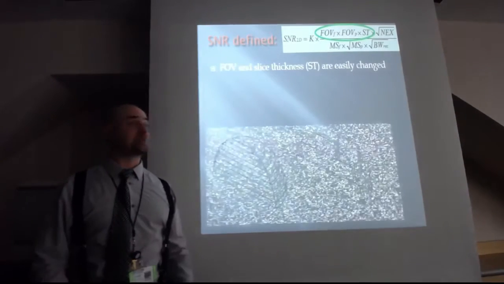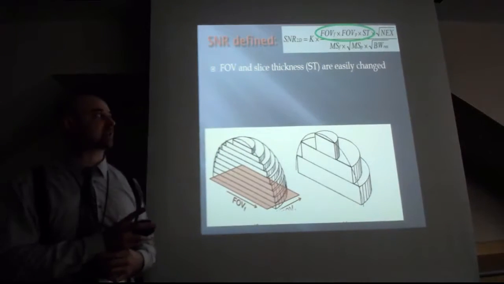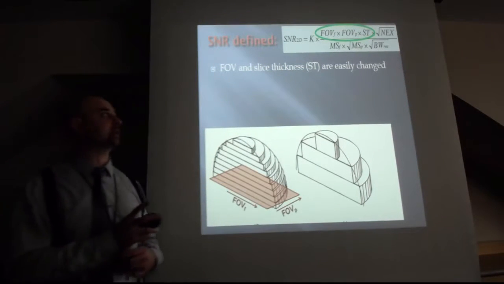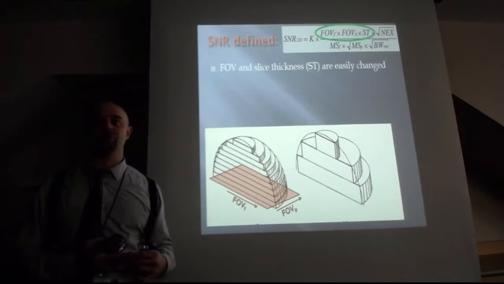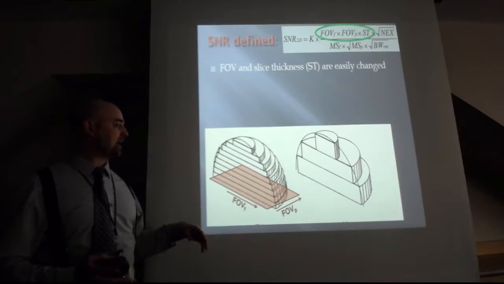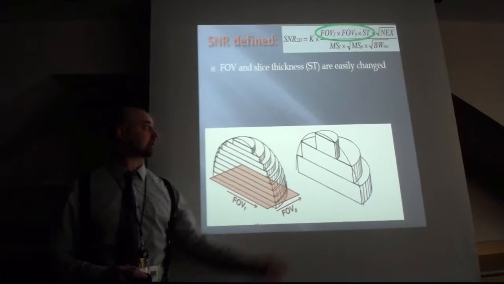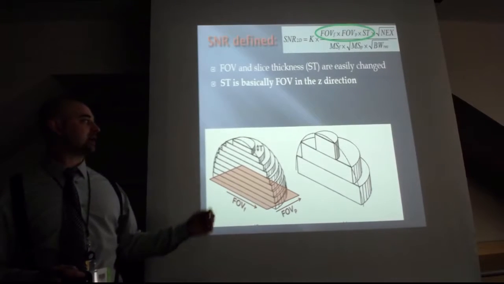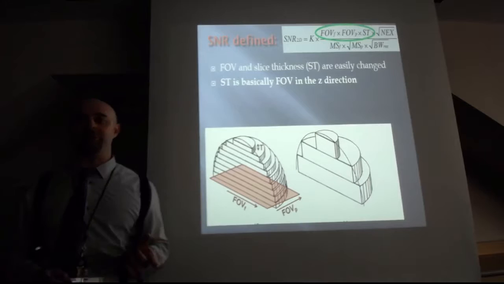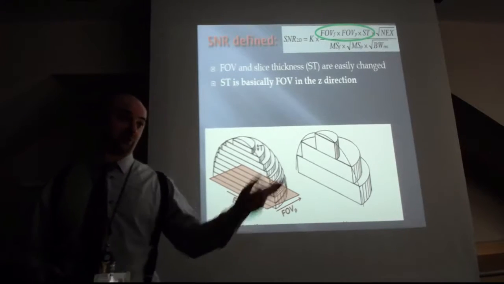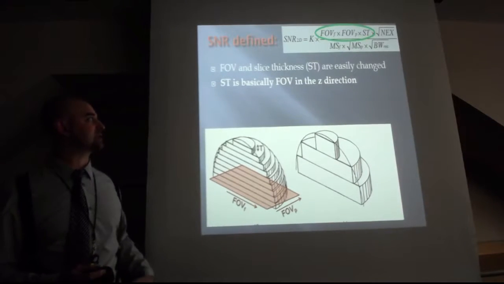All right, the field of view, and yes, slice thickness is actually kind of a field of view. These things are easily changed when you're doing an MRI. Here I've depicted your field of view in the frequency direction and in the phase direction. Now, the slice thickness is basically your field of view in the z direction, as we talked about earlier in the lecture today.